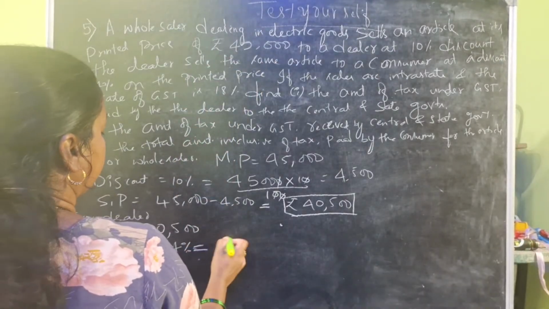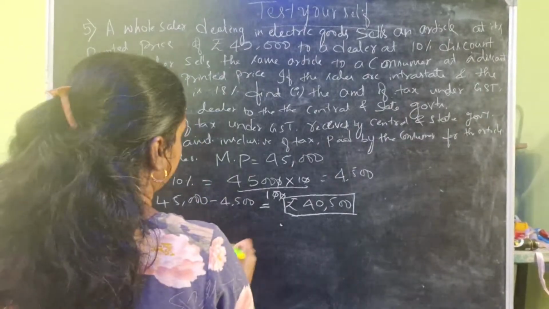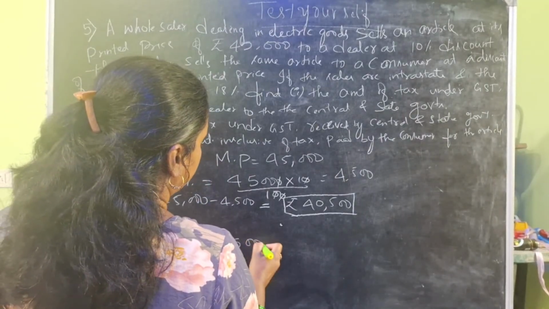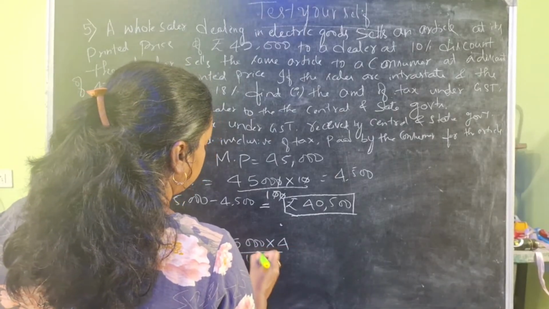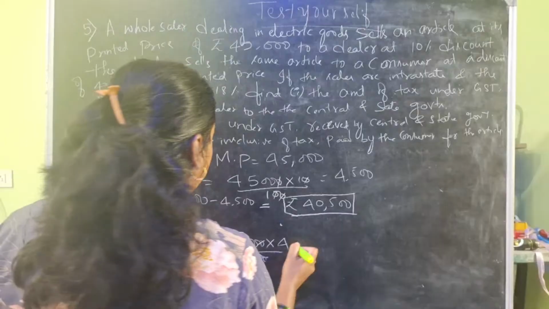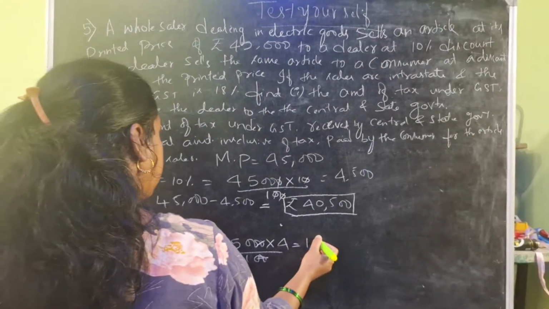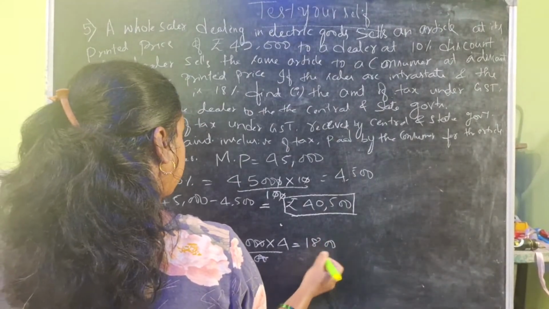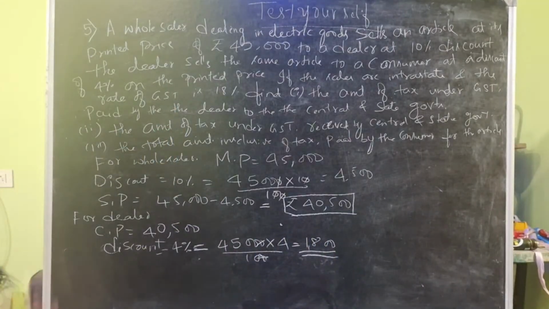That means 4% of 45,000. That means 45,000 into 4 divided by 100, which is equal to 1,800. So this is the discount given by the dealer.